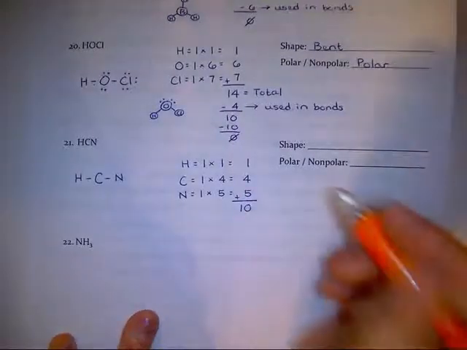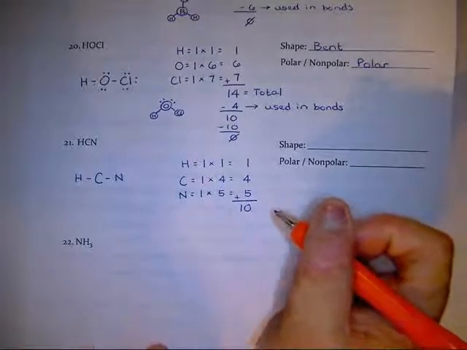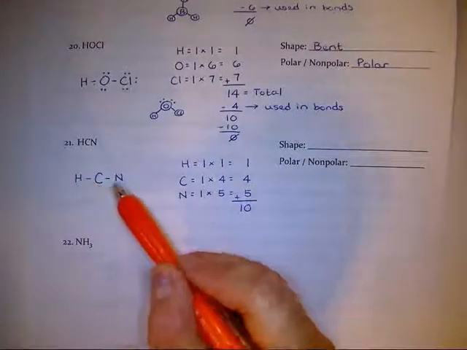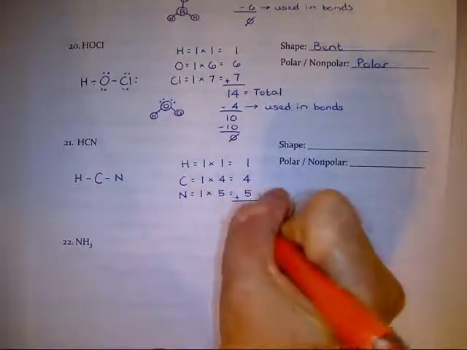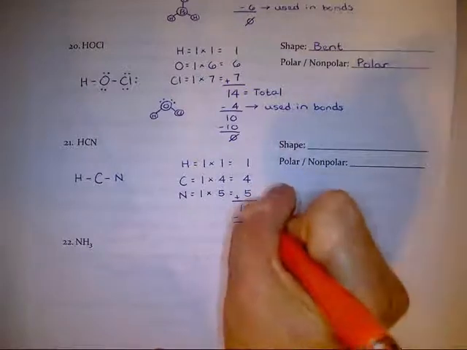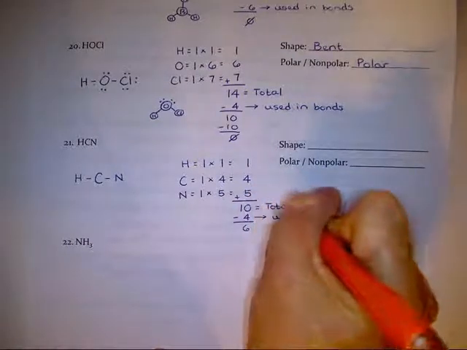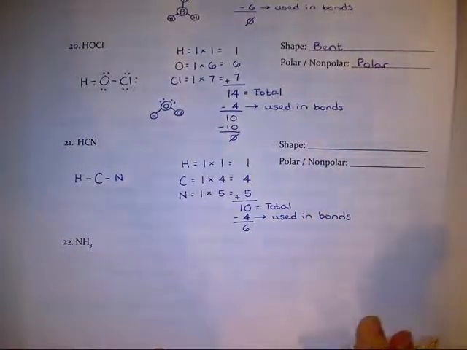Now, again, we have to figure out how many of these electrons I have used already in the bonds. Okay, and it looks like I have 2 and 2 right here. That means I have used up 4. So 10 minus 4 is equal to 6. Alright, so I have 6 electrons left.